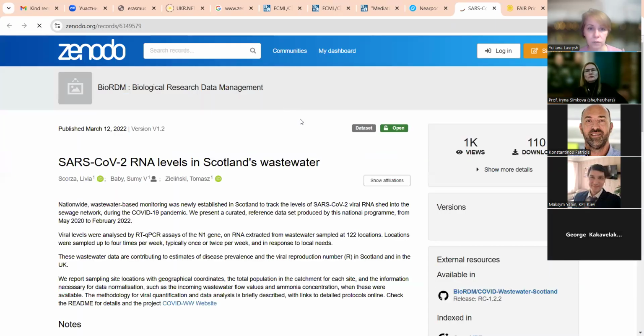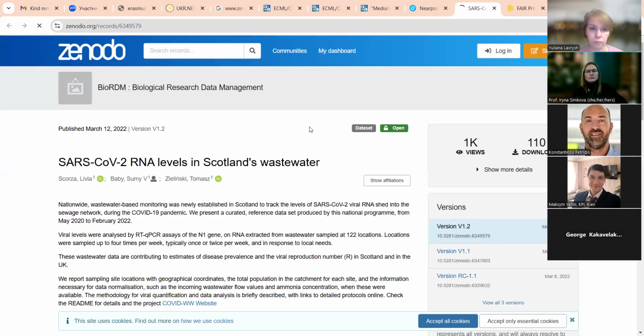Just follow this link and you will open this paper: RNA levels in Scotland's wastewater. You don't have to read this paper, and you see this paper is uploaded to Zenodo. This is an open science repository. We will discuss later a little bit how to work with it and what it means.